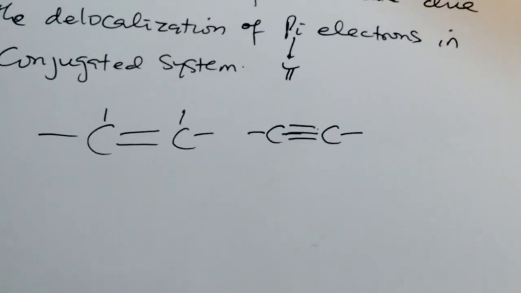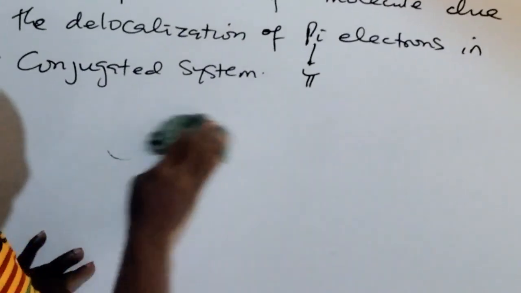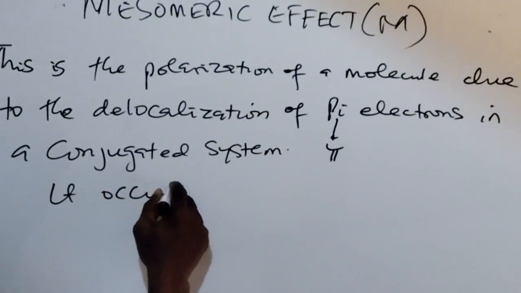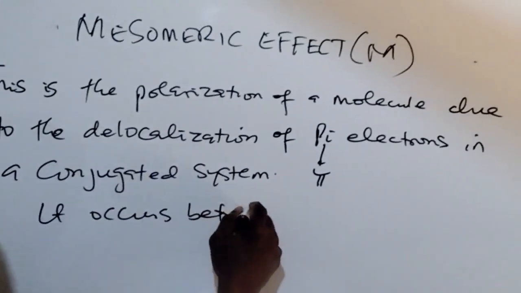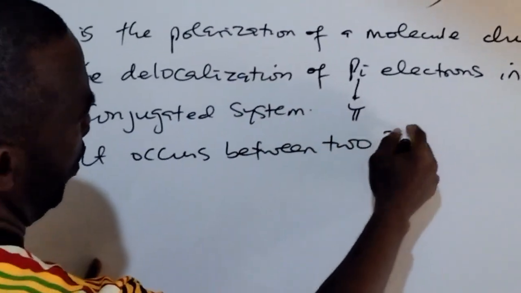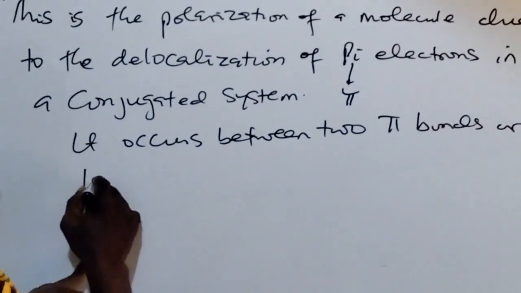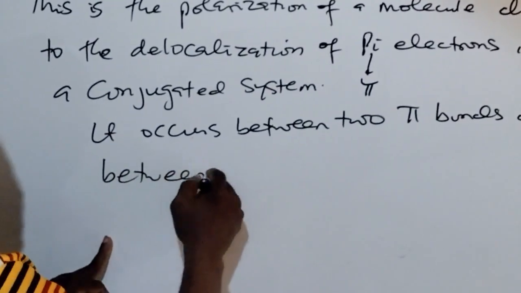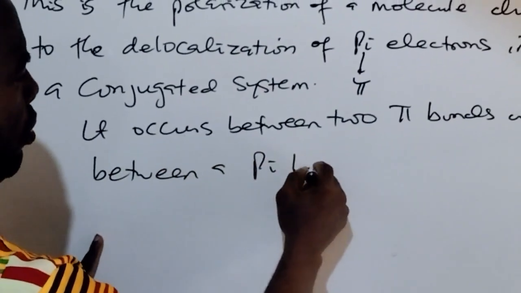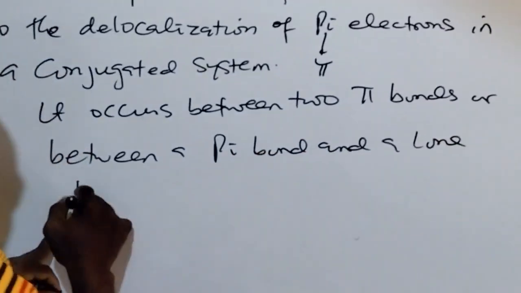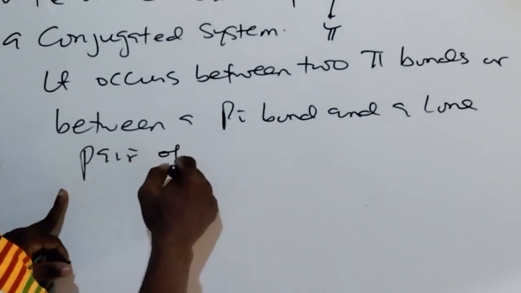So mesomerism occurs between two pi bonds or between a pi bond and a lone pair of electrons.